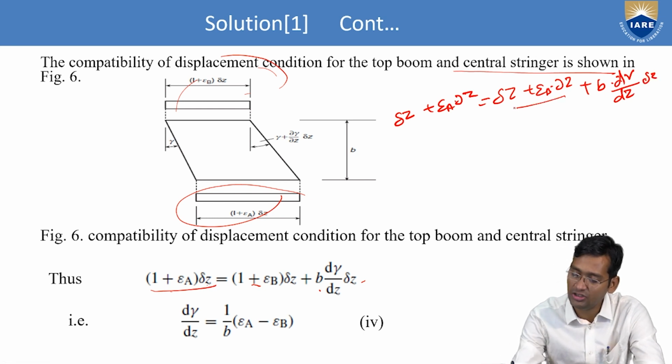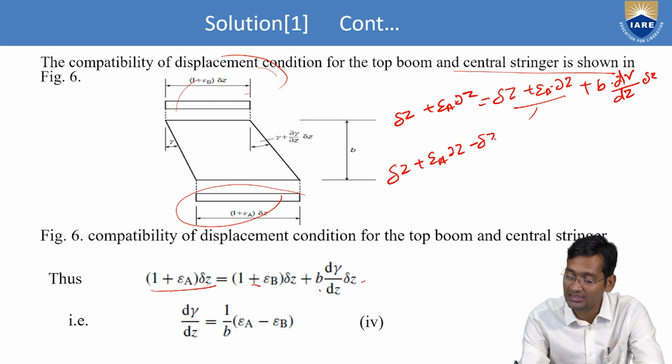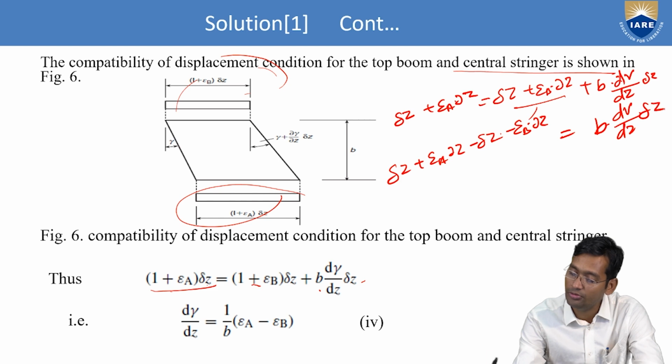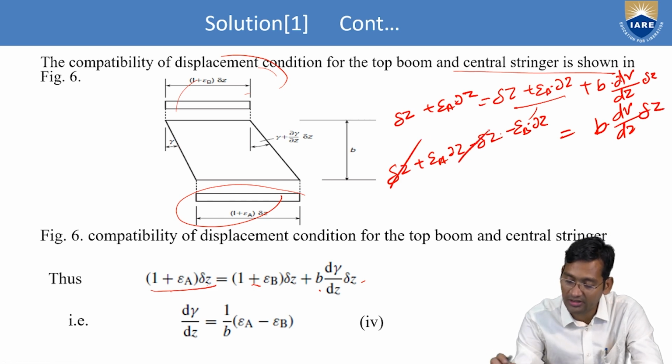Keep this side and take these two to this side. So del Z plus epsilon A del Z minus del Z, minus epsilon B del Z, equals B into d gamma by dz into del Z. Now just see, del Z gets cancelled.